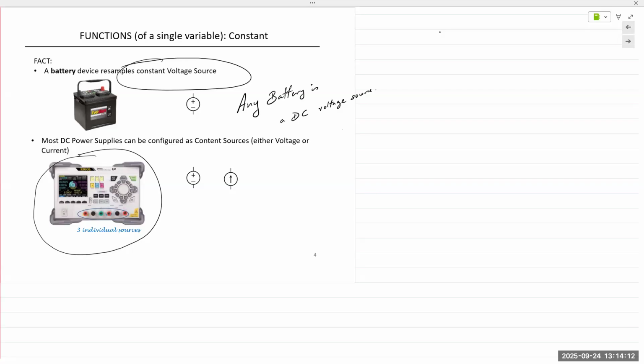Now, most power supplies, as we spoke about in the previous slide, can be configured to run in constant voltage or in constant current mode. I pointed out the benchtop supplies that we have in the lab benches behind us. Those all can run in constant voltage or constant current mode, CV and CC. It's hard to see on this model, but right here at the top it'll show you, I believe it's this letter right here, CV or CC.